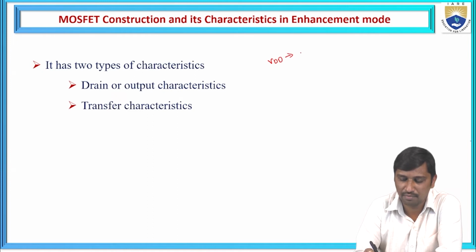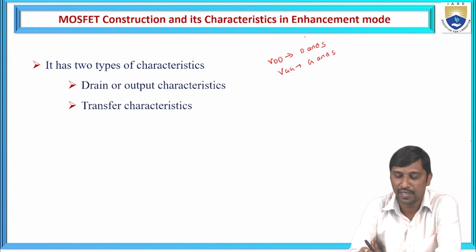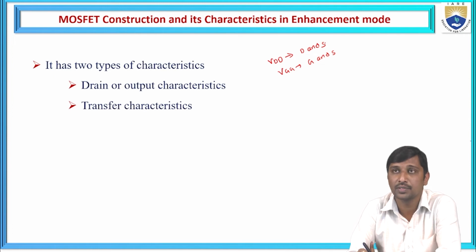VDD is applied between drain and source, and VGG is applied between gate and source, where D indicates the drain, S the source, and G the gate.